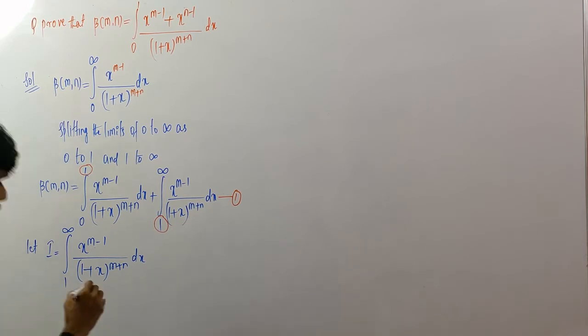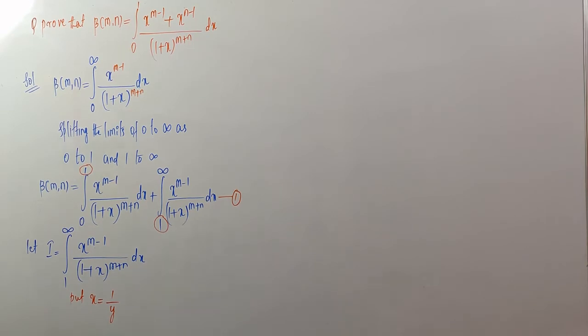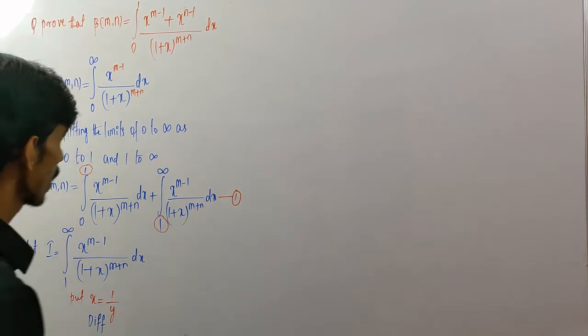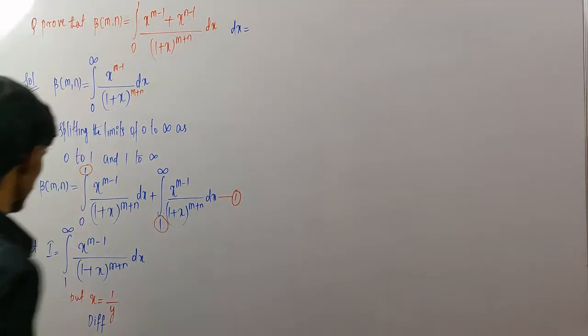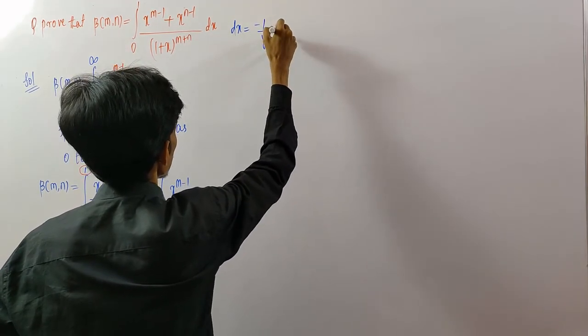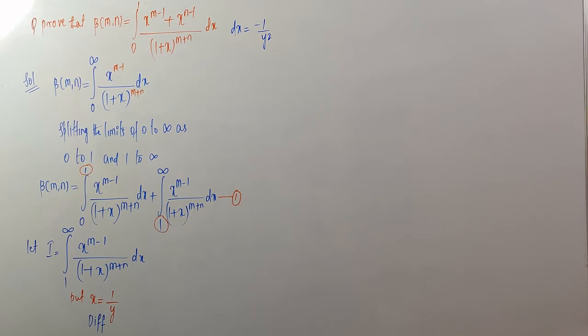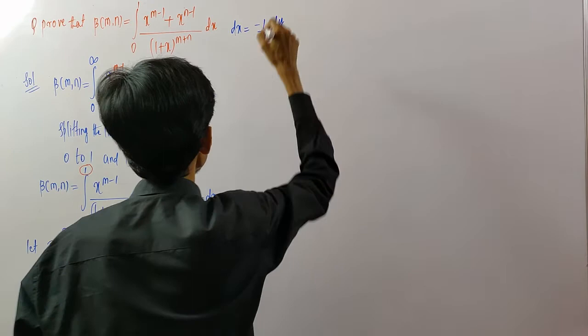Put x as 1 by y. Let us make a substitution x as 1 by y. Now differentiate x with respect to y. Then we have dx equal to minus 1 by y square dy, since the derivative of 1 by y is minus 1 by y square.